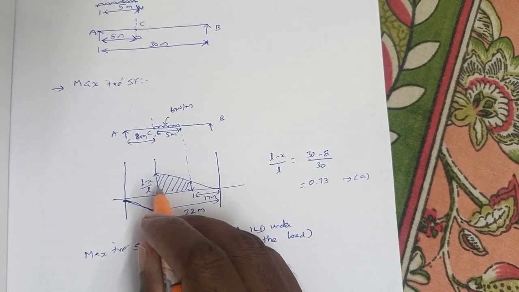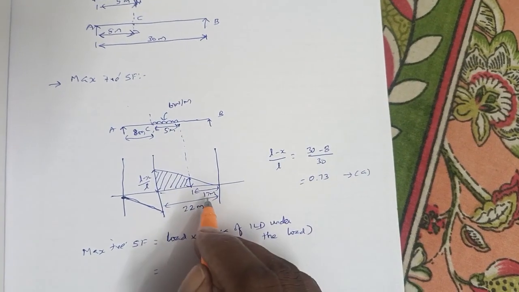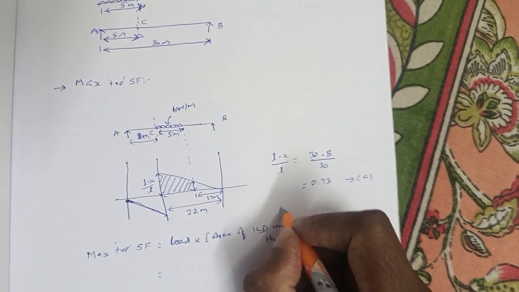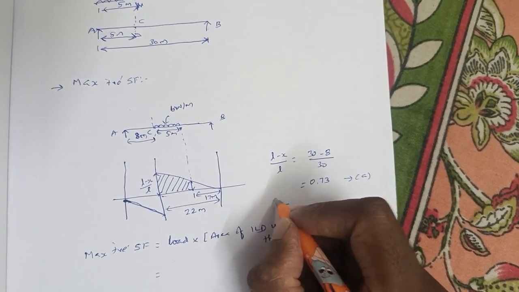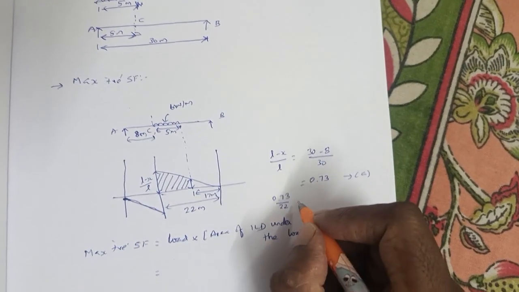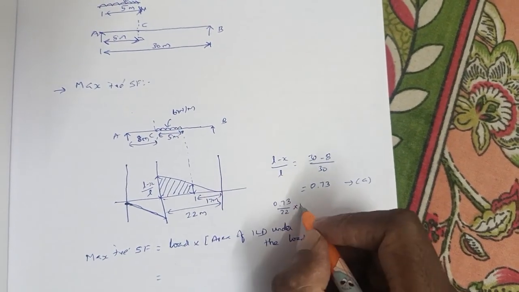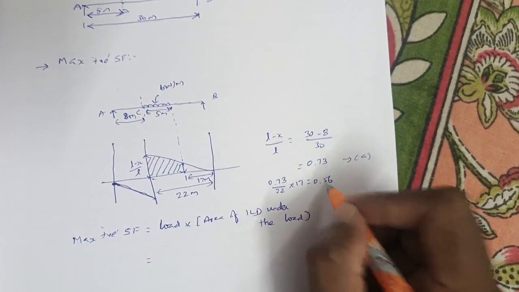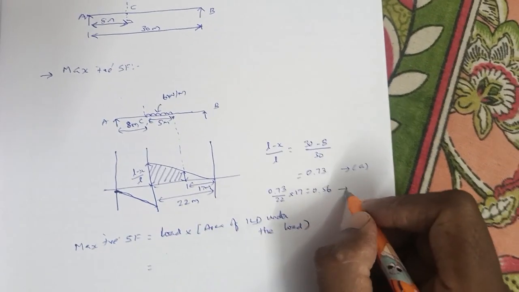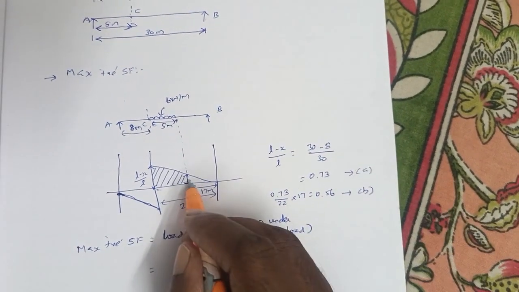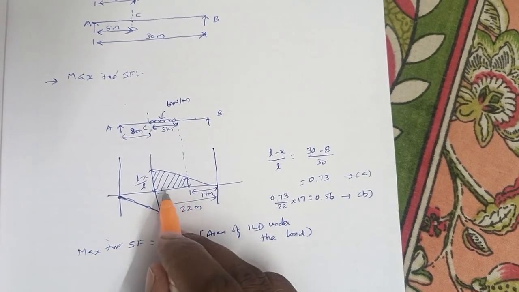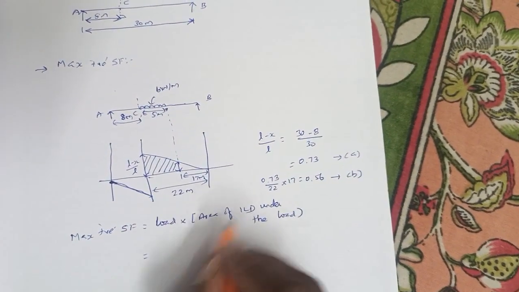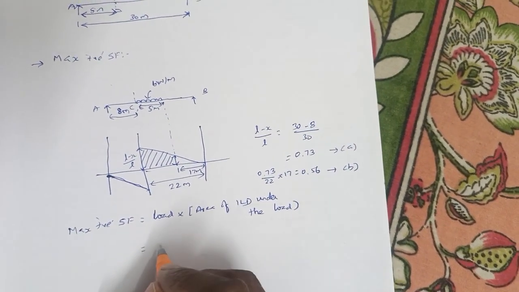For 22 meters, we have a vertical of 0.73. For 17 meters, how much vertical will we get? You will get 0.56. So this will be your B. This ordinate is 0.56. We know the height, this distance, which is 5 meters. Substituting these values, we will get the maximum positive shear force.